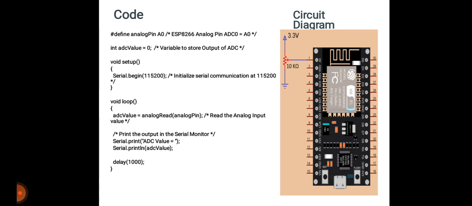Then we print the output on the serial monitor, that is Serial.print "ADC value is equal to", and then Serial.println of ADC_value. Again we add a delay of 1000 milliseconds between outputs. In this way we write the program.